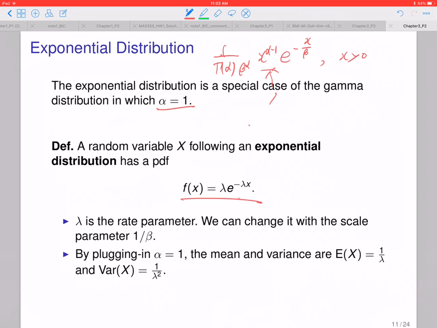We have only the exponential form, and that is called the exponential distribution. The variance is the square of the mean, because the mean is alpha beta and the variance is alpha beta squared for the gamma distribution.